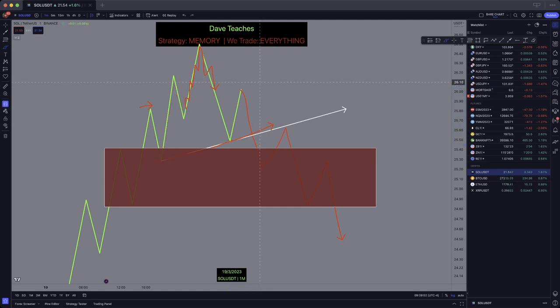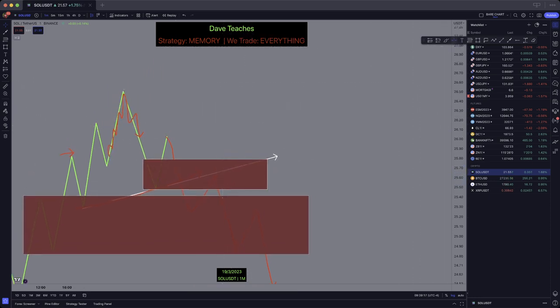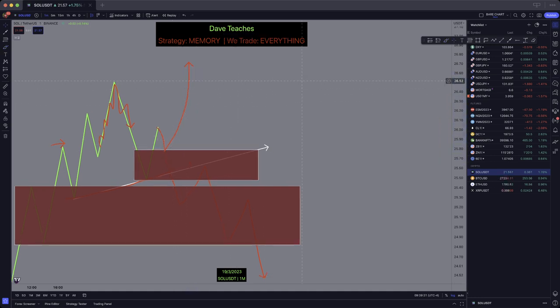So the minute that happens, guess what everybody's doing? Oh, we got a demand zone. We're waiting for price to come back into the demand zone and trade higher. Once they see that flip happen there, mind you, it's a bearish flip, but they're seeing the bullish flip on the 1 minute order flow.